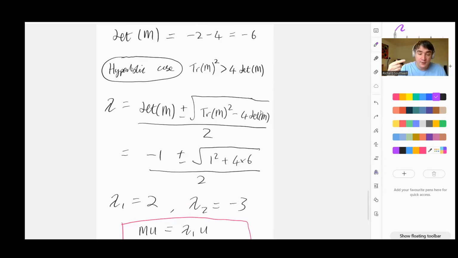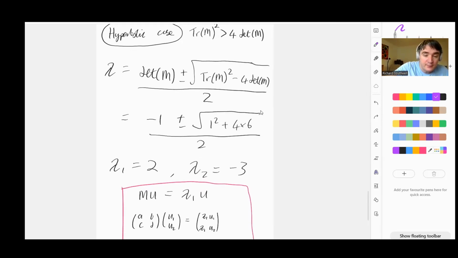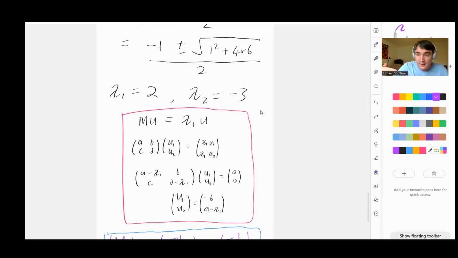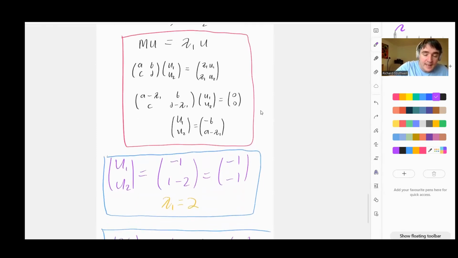The next thing to do is to calculate the eigenvectors associated with those. So u is the eigenvector associated with lambda 1, and we have this expression for it here. Applying this, we get that this is one of the eigenvectors. It's minus 1, minus 1.